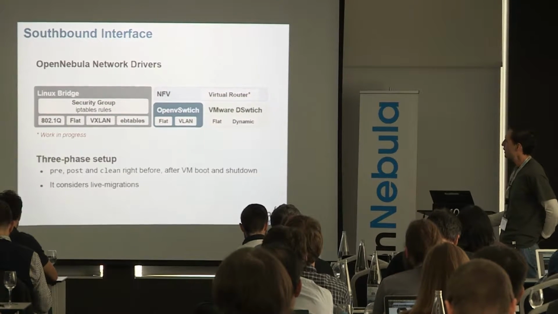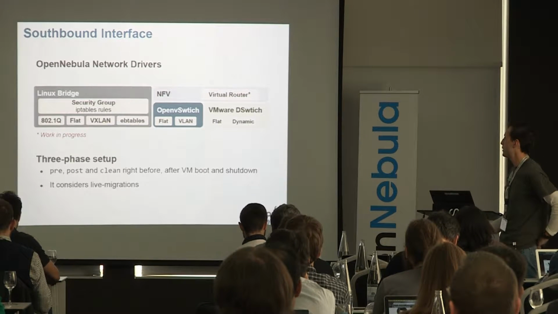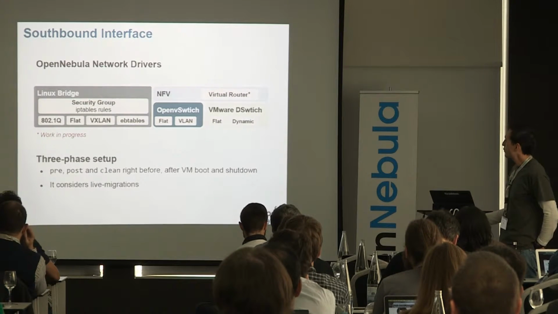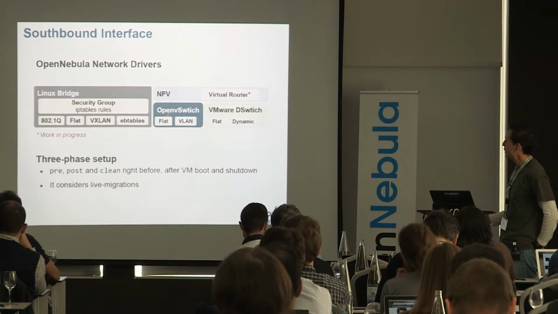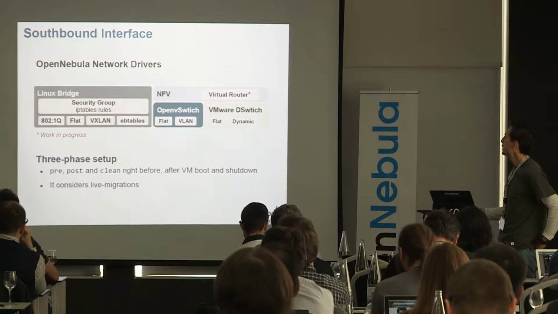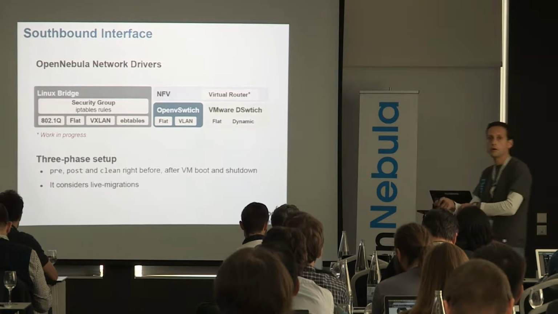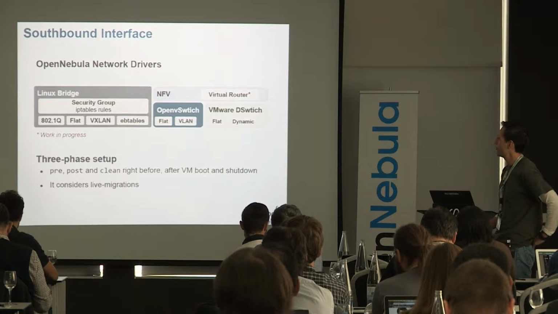This is, I would say, a fully complete set of drivers. Then we have Open vSwitch. We have for Open vSwitch flat networking without VLANs, and just a VLAN driver which implements port tagging to isolate traffic for VLANs.